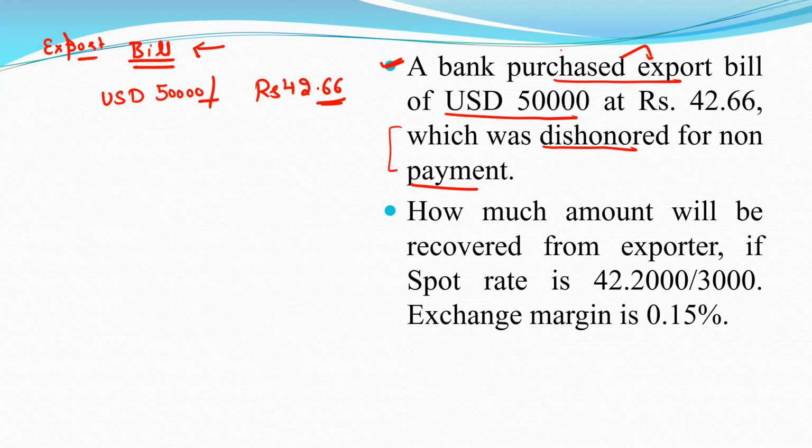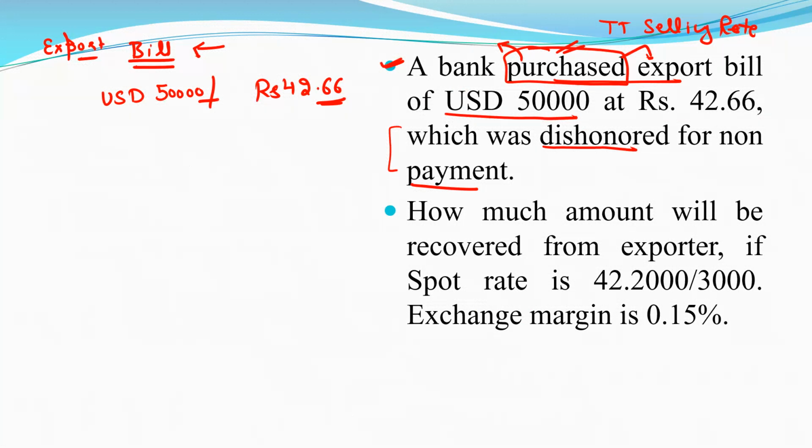We have discussed what happens when any bill is cancelled or dishonored. In the case of purchase, which rate do we apply? The TT selling rate. And when any selling bill is dishonored, we have to use the buying rate.